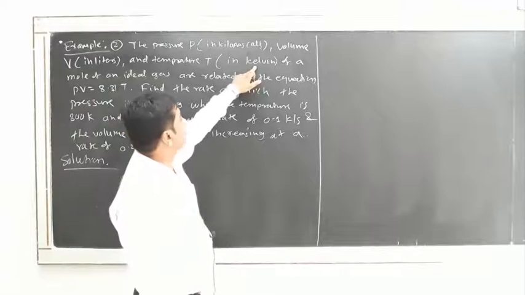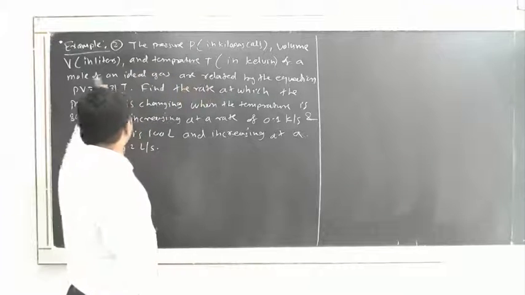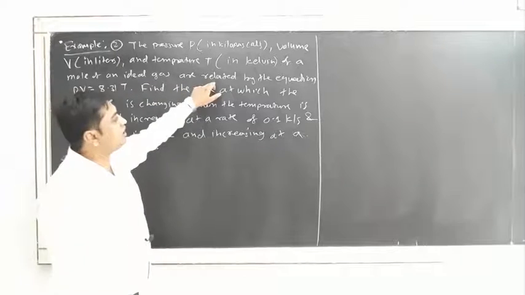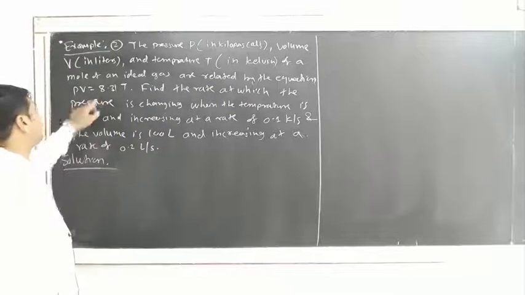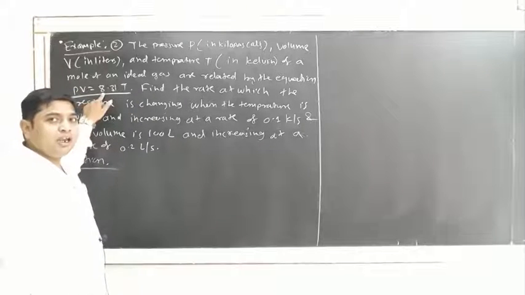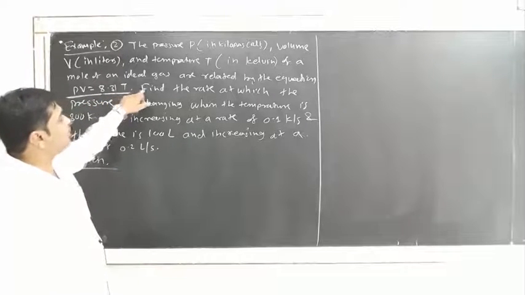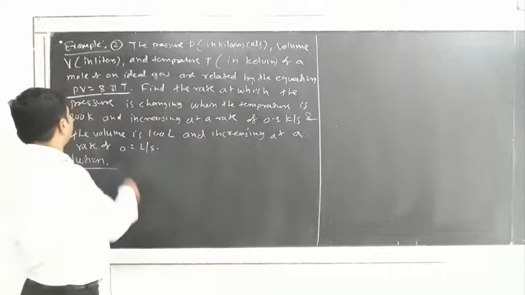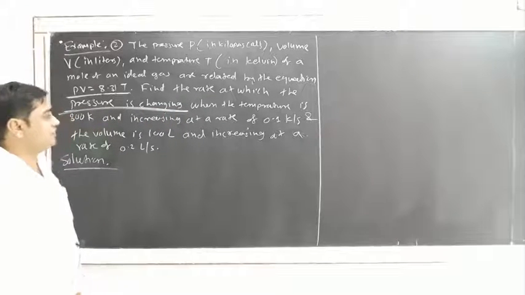We have been given three quantities: pressure, volume and temperature of a mole of an ideal gas, related by the equation PV is equal to 8.31 T. Find the rate at which the pressure is changing.